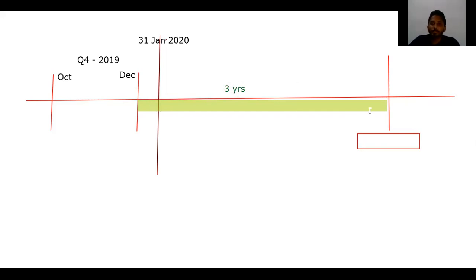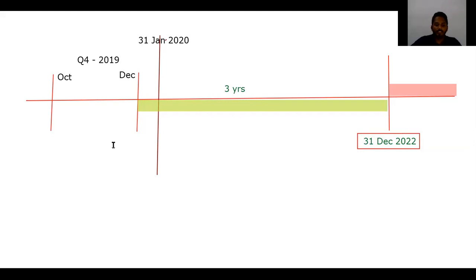After that, they cannot issue any assessment from this date onward, because the time bar starts. Counting 3 years starting from December 2019: 2020 December, 2021 December, and 2022 December is the last date. The last day is 31st December 2022.